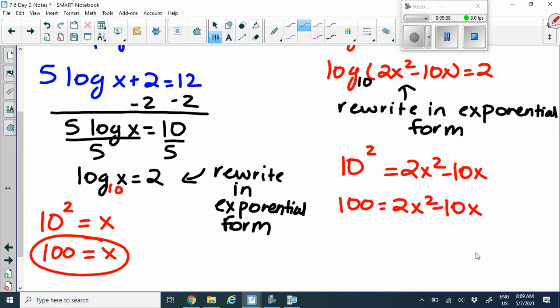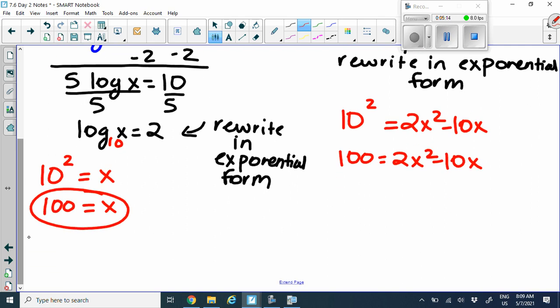Now, if we do either of those, we do have to set our equation equal to 0 to do that. So I'm going to move the 100 over, so I have 0 equals 2x squared minus 10x minus 100. Now I'm going to see if this is factorable, because I think that's always easier to do than trying to do the quadratic formula.